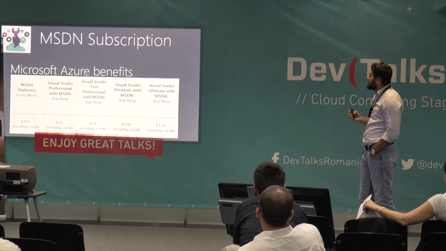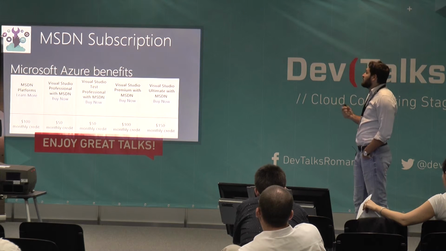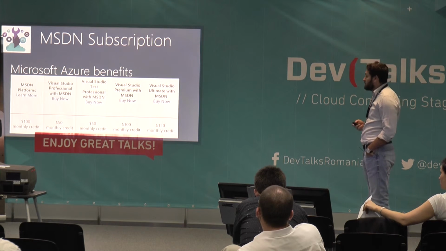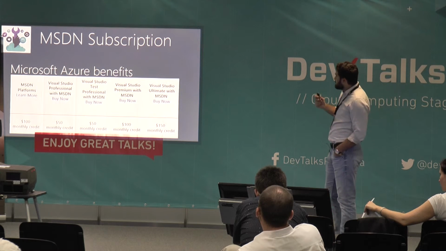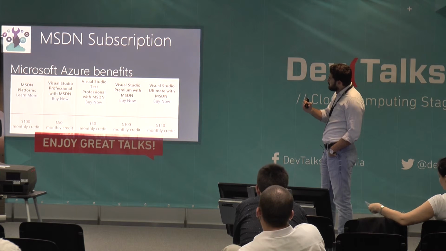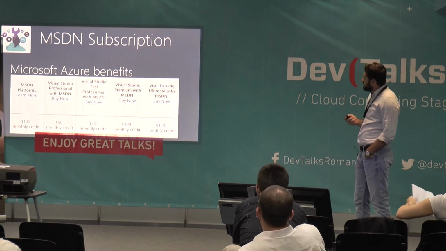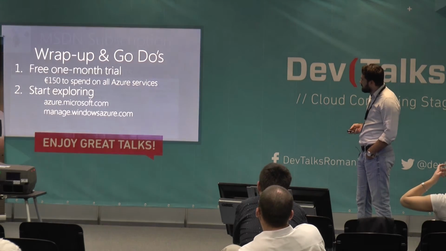If you plan to use a virtual machine for your own environment, then MSDN would not be the proper way to go. I have listed here only the Microsoft Azure benefits. There are also more that you get with MSDN, but that is the one that is relevant for our session today.